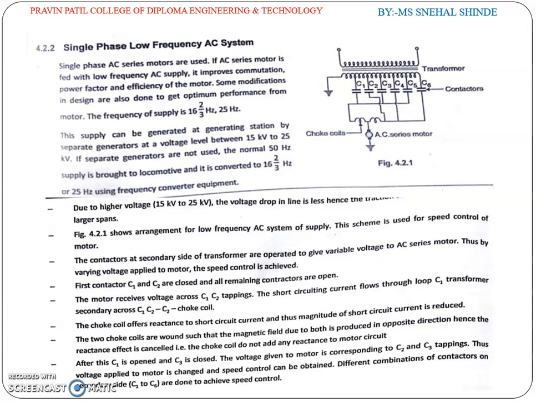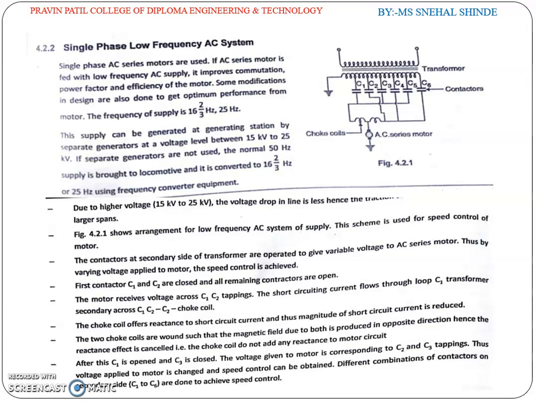The short circuit current flows through the loop C1, transformer secondary across C1, C2, C2 choke coil. The choke coil offers reactance to short circuit current and thus magnitude of short circuit current is reduced.